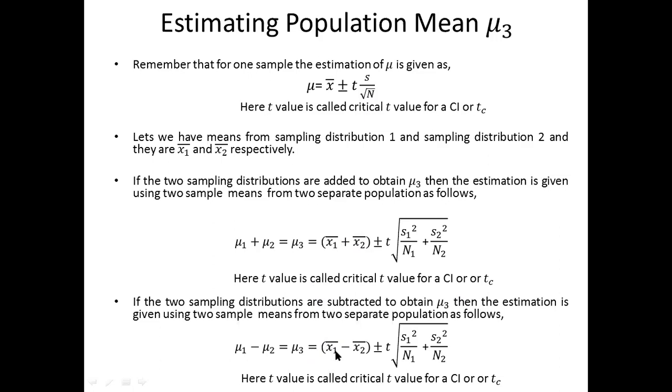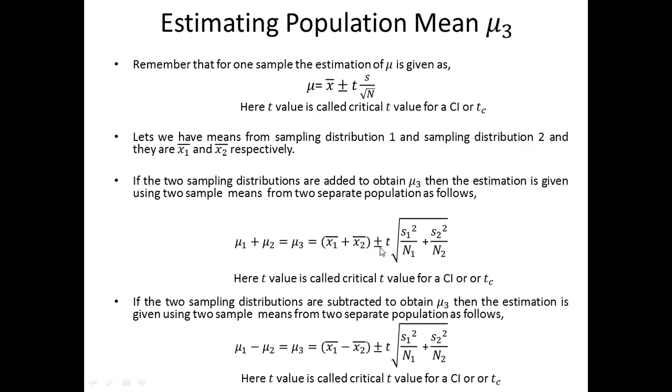And over here, the case is x1 bar minus x2 bar when the two sampling distributions are subtracted. Then plus minus t in both cases, and the SEMs are the same, s1 square upon n1 plus s2 square upon n2, the same value of the standard error of the mean, either for the subtraction or for the addition of the sampling distributions of the means.